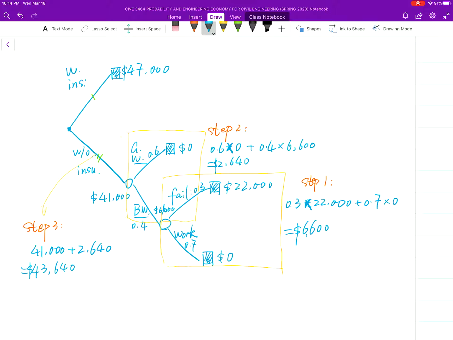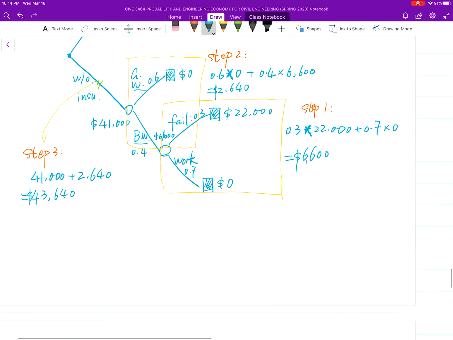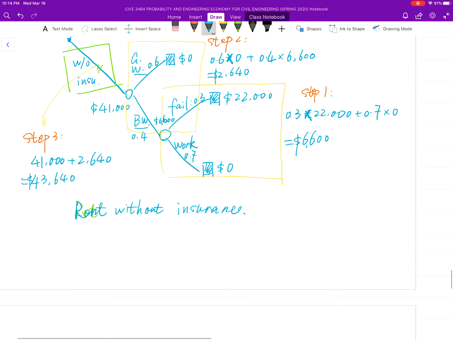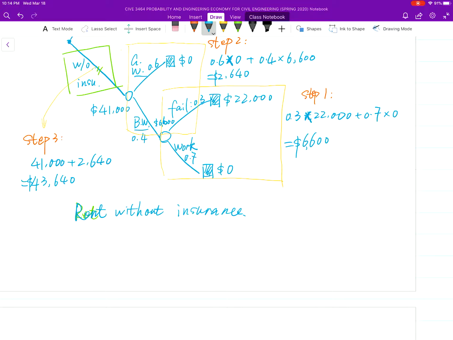Without insurance is $43,640. Obviously, with insurance, the expected cost is higher. That's why we're going to make the decision to rent without insurance. So this is going to be our choice: going to rent without insurance. That's what we're going to do here.